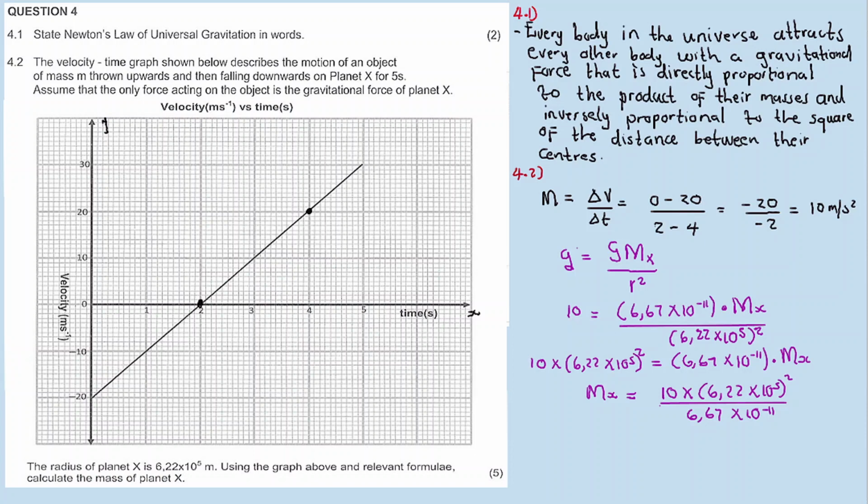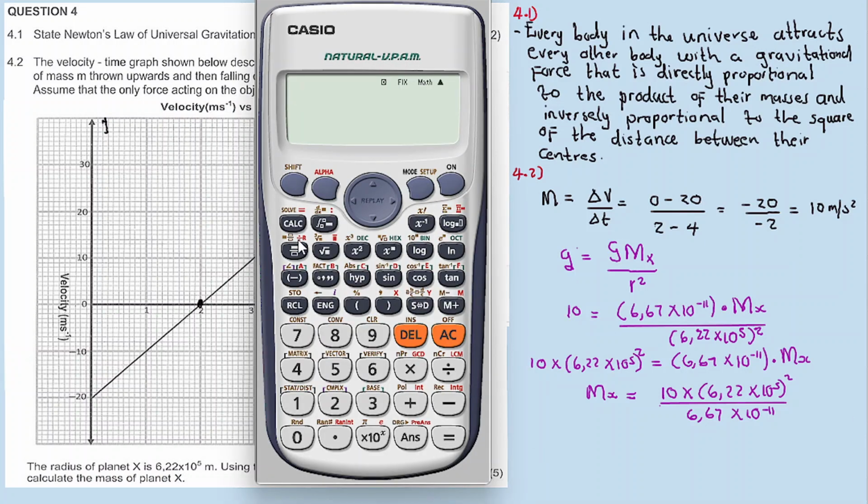Now let's get our answer. It is equal to 10 times 6.22 times 10 raised to exponent 5, not minus 5 but 5, let's close the bracket and square all of this, divided by 6.67 times 10 to exponent minus 11.